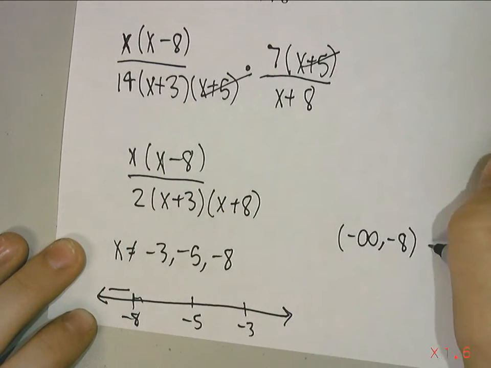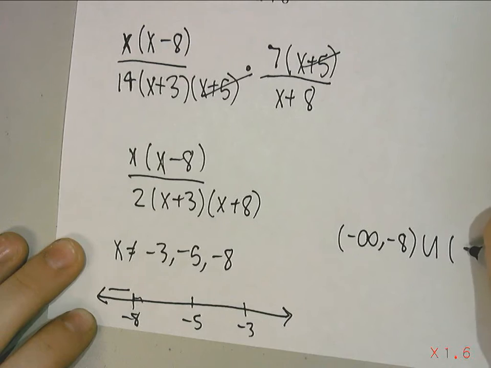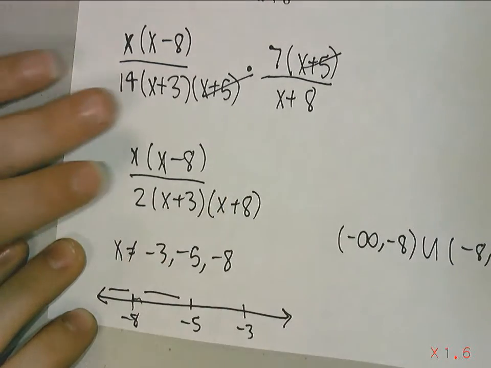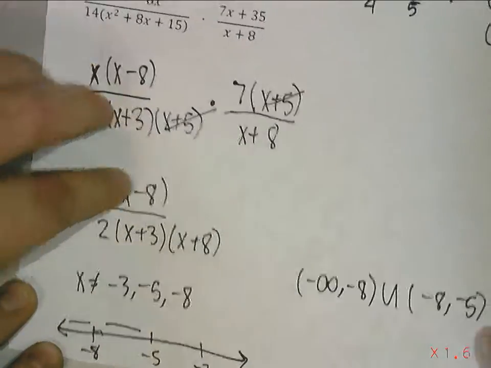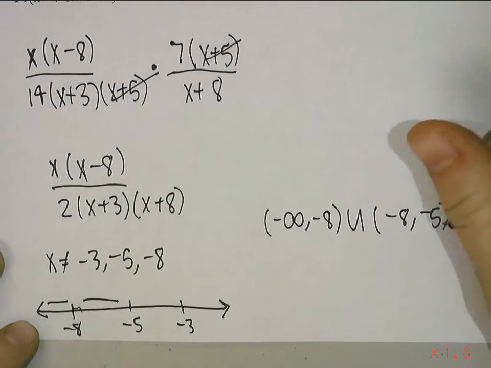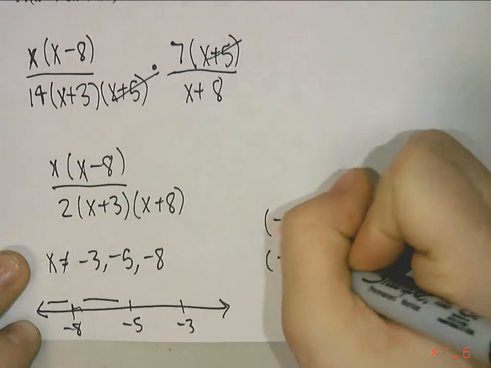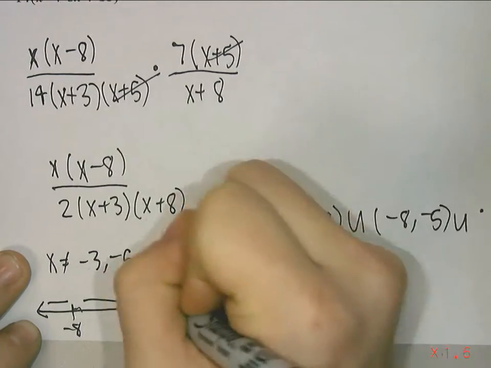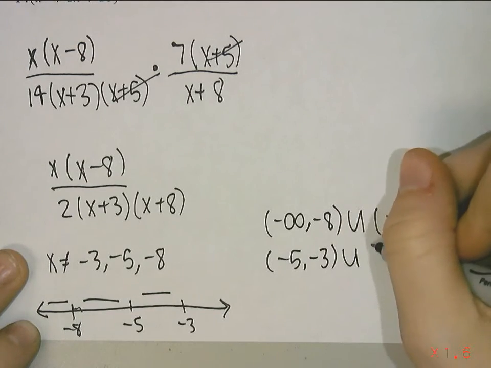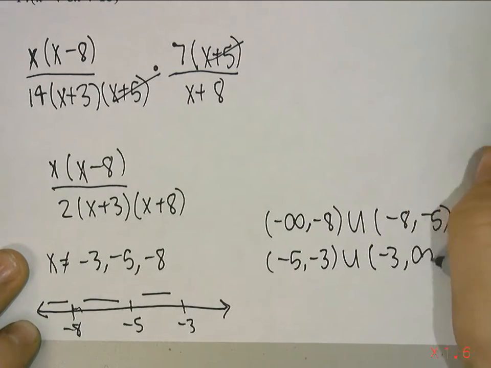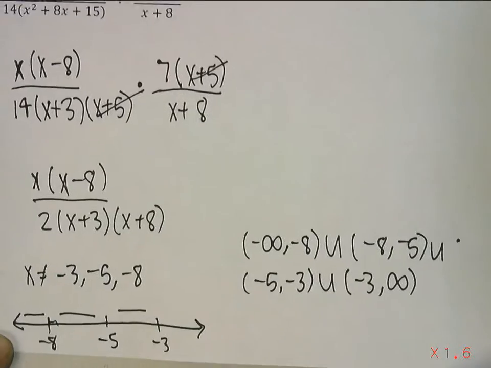That's this part. Then union with -8 to -5 for here. Oh, sorry. And union with -5 to -3 for here. And then union with -3 to infinity for that problem.